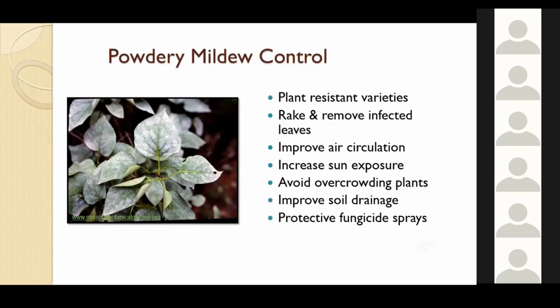If you have a really heavy stand, with a lot of peonies in the area, maybe go ahead and thin out every third or fourth peony to increase airflow through there, and that may decrease the amount of powdery mildew that you have. In severe cases, there are some protective fungicide sprays that are effective. Bordeaux mixture and some of these copper-based products effectively control powdery mildew as well.